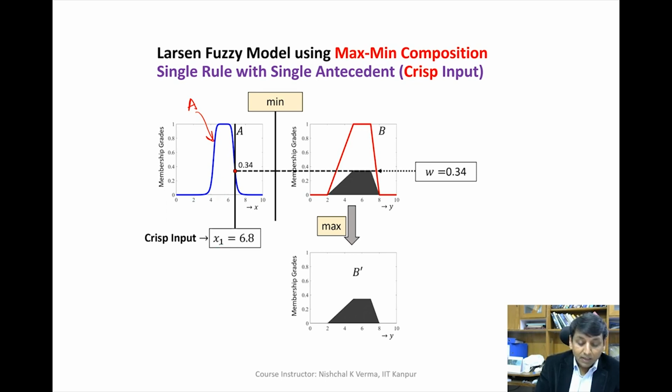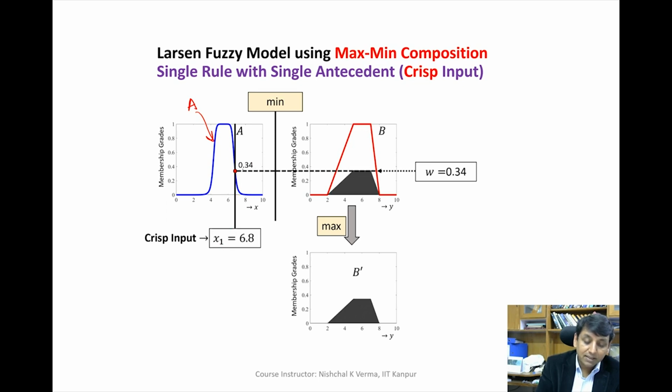So if x1 is equal to, let's say, 6.8, then we try to find the point of intersection with x is equal to 1.